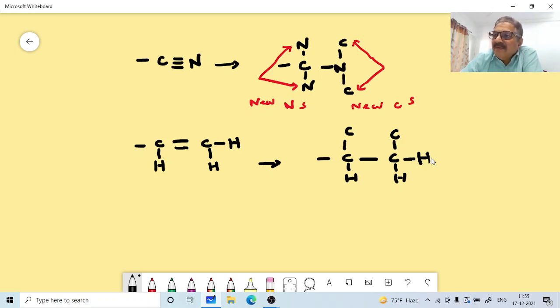Correct? Now, another example. Say suppose we are having a group, any number of examples we can give like this. Say C triple bond CH. Correct? Simple thing.